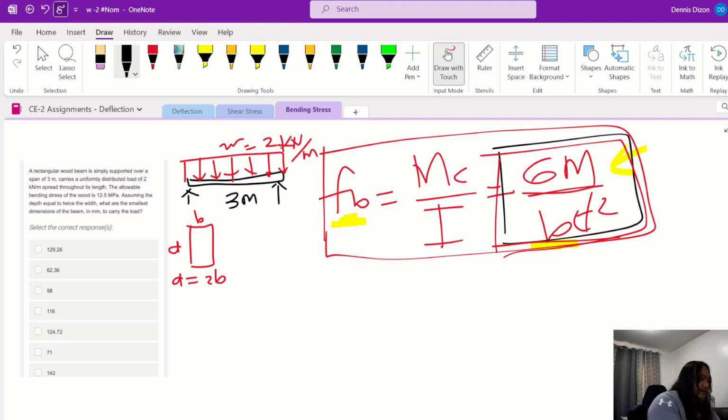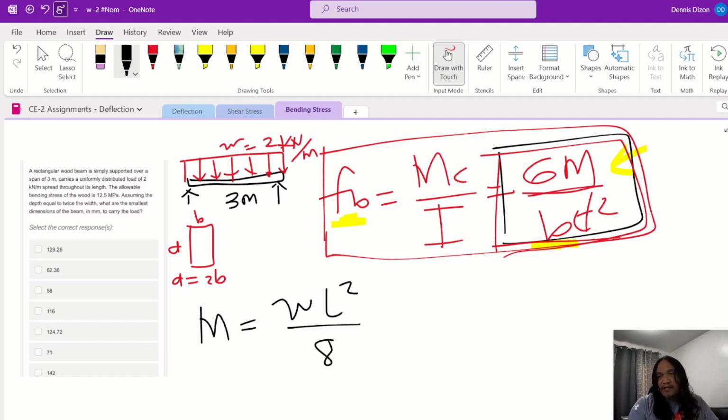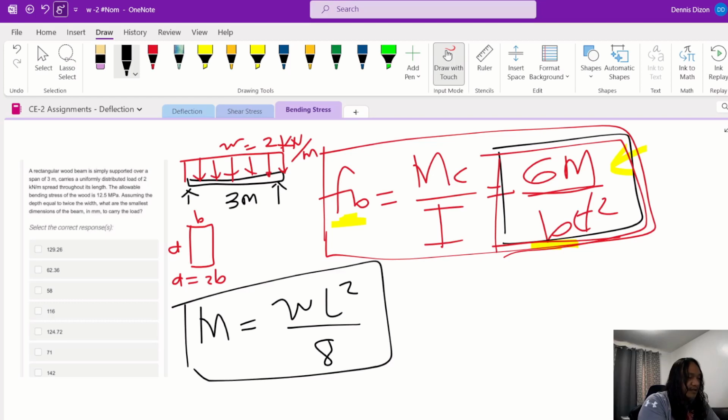For a uniformly distributed load on a simple span, your maximum moment is equal to wL squared over 8. I assume you already discussed this in a prior subject, maybe design or strength of materials, but the maximum moment for simply supported uniform load is wL squared over 8. Then you can simply substitute all these values here.